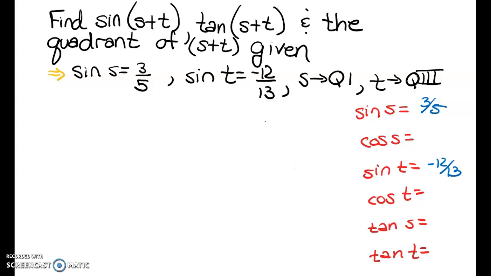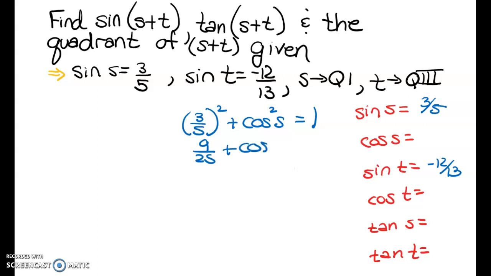Well, let's use the Pythagorean identity, sine squared plus cosine squared equals 1. We're going to start off with s. So sine squared of s is 3/5 squared plus cosine squared of s equals 1. So that's 9/25 plus cosine squared of s equals 1.